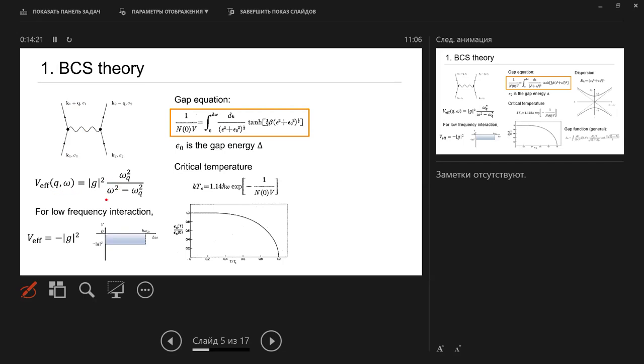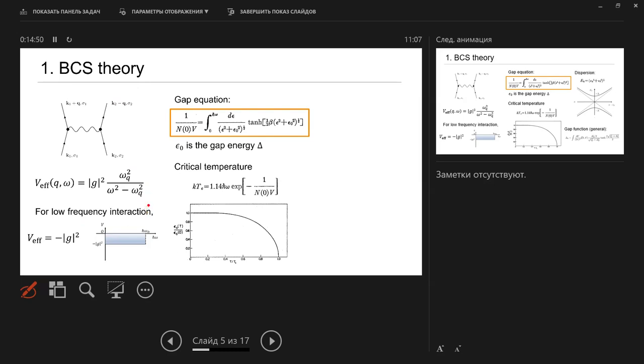But for the low frequency interaction, where omega is approaching zero, this propagator will be only -1. And then you can have a constant effective interaction between electron and electron, which is induced by the phonon. So it's attractive.